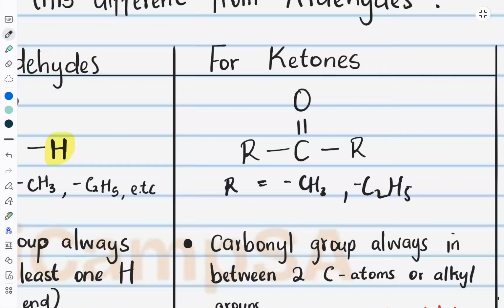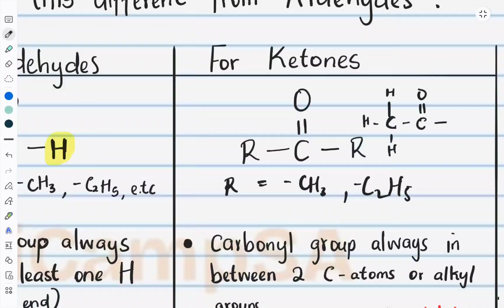So what I mean by CH3 is, let's say for instance you have this carbonyl group and this is a ketone. Let's focus on the R on the left. CH3 would be this, one carbon atom and 3 hydrogen atoms. C2H5, I'm sure you can imagine how it would look.